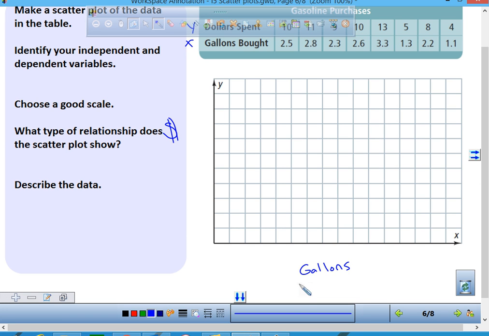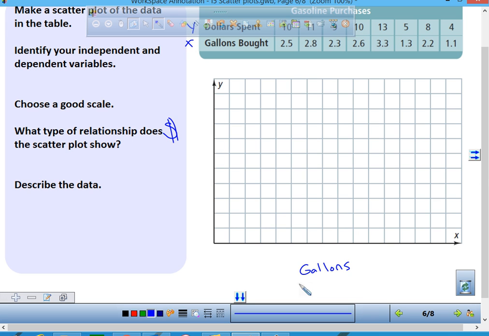Now, what do we want to go by on the x-axis for our gallons? To figure out what you go by, look at your minimum point, look at your maximum point. What's our minimum number for gallons? Okay, so we go from 1.1 to what's our maximum? 2.8. So I'm going from 1.1 to 2.8.